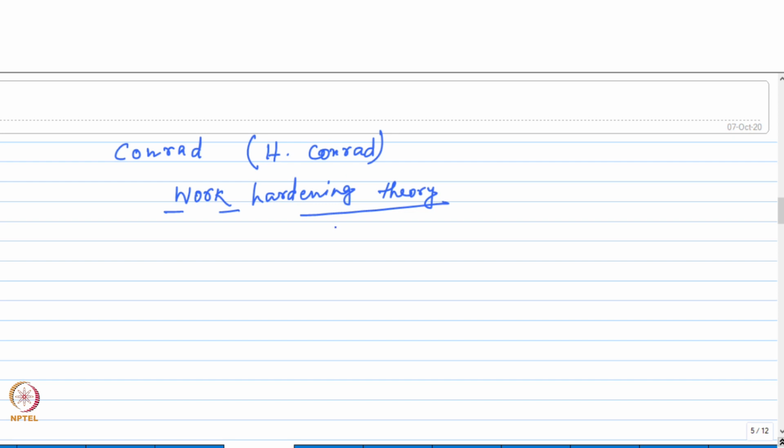So this theory says that the distance traveled by the dislocations in the grains is proportional to the size of the grain.